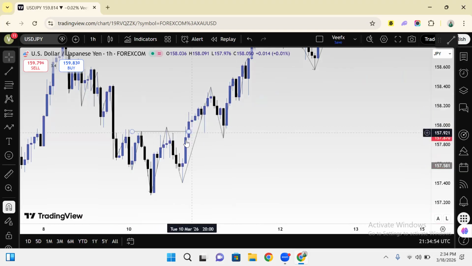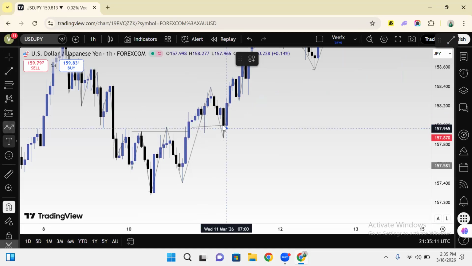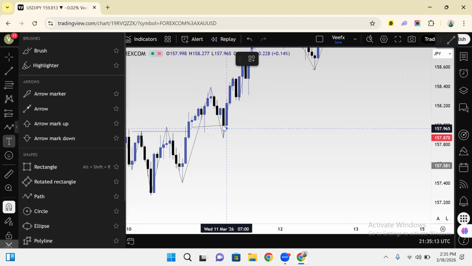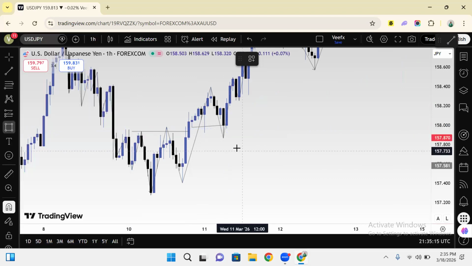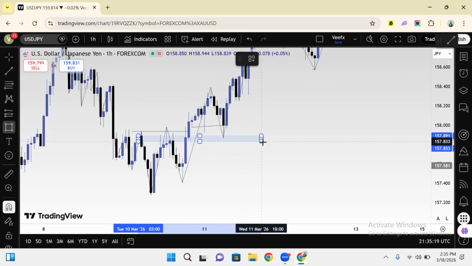After it caused this market structure shift, that's when the market started moving up. Now, after it caused this market structure shift, this is the inducement right here. I'll teach you guys about all these. And that's why the market actually triggered from this breaker block here.